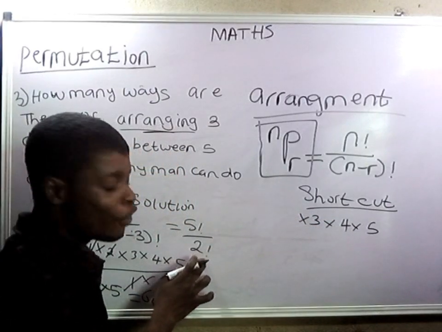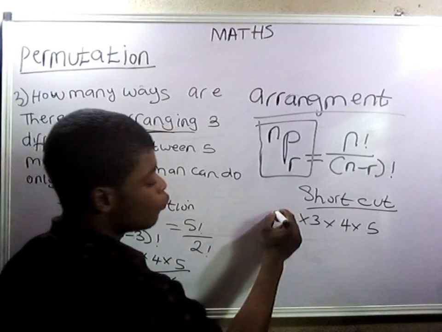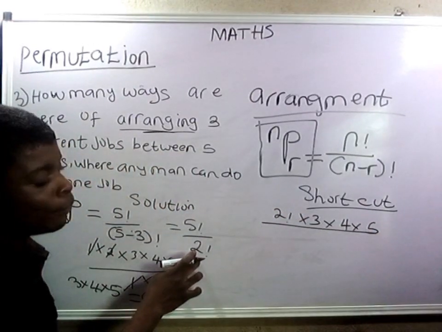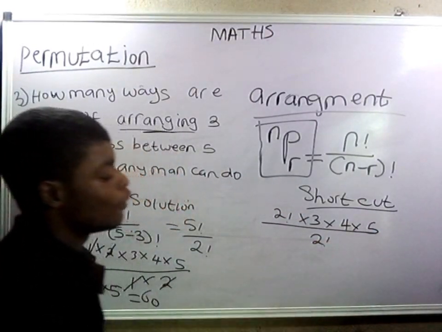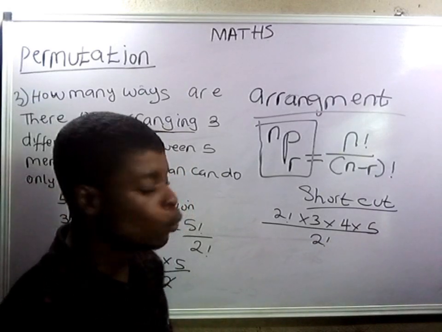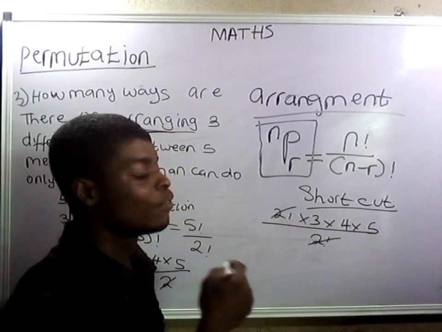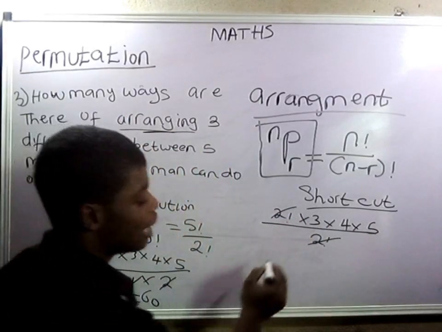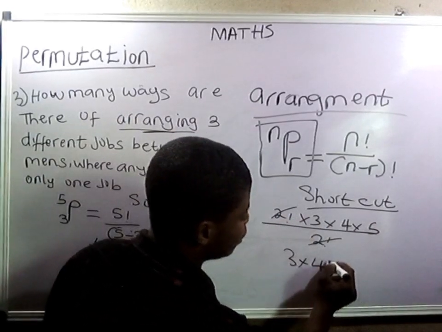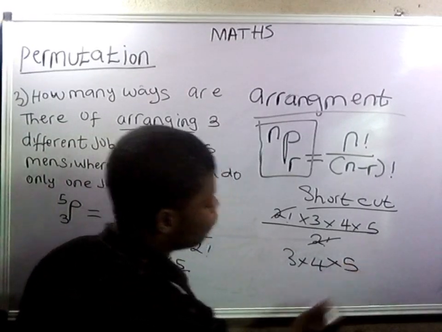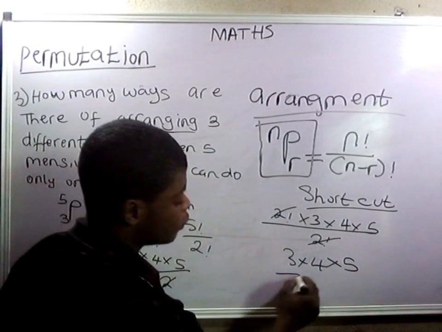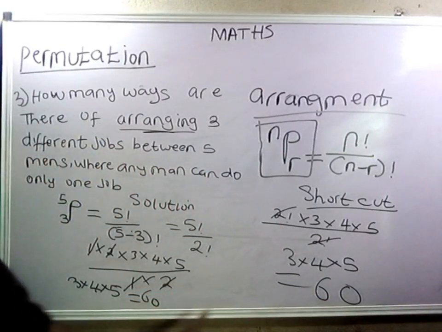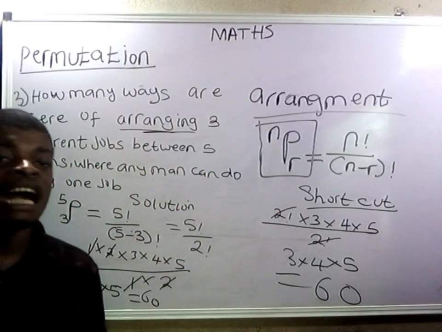We don't go further, because the denominator value is 2 factorial, so we bring the denominator down without simplifying it. Factorial cancels 2 factorial, it is gone. Therefore 3 times 4 times 5 will give us 60. That's the value we got here. So this shortcut is approved and reliable.